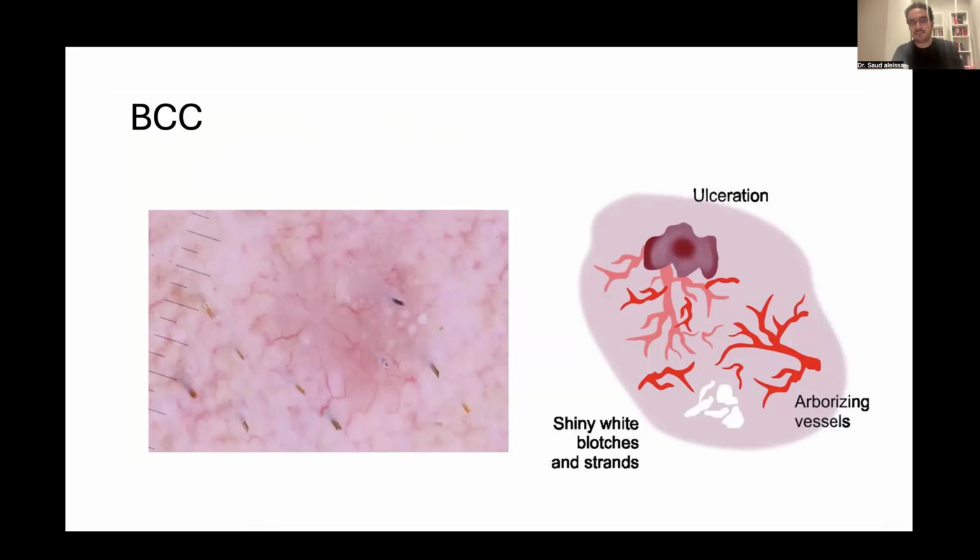Diagnosis مرة سهل. يعني حتى without dermoscopy, it's like this ulcerated pearly papule. You see what we call arborizing blood vessels. So that's the buzzword, arborizing. يعني كأنها متشعبة كأنها زي الشجرة. Okay. Sometimes you see these white blotches as well. So those are the clues.